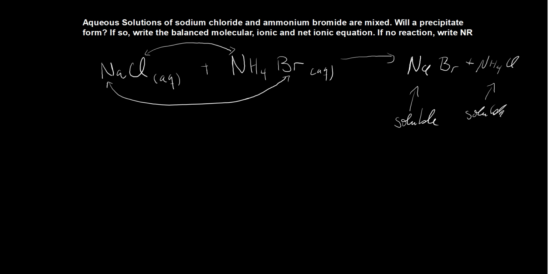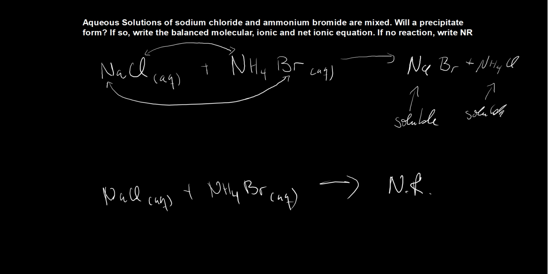So what we can write is NaCl aqueous plus NH4Br aqueous means no reaction. When we mix these two together, all we're getting is a mixture. We do not end up with a chemical reaction. We end up with the mixture of all these ions in the beaker, and nothing happens.